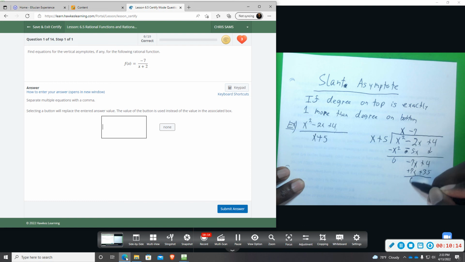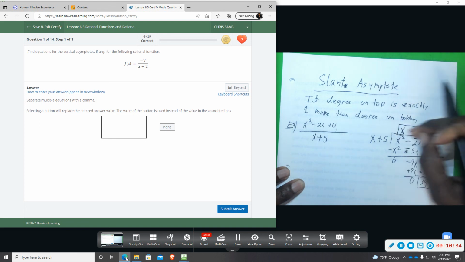This will go to 0. And then this will give us a positive 39. So that's your remainder. Okay, the remainder does not matter. This is what we're focused on right here. X minus 7. So once you finish, you'll have a linear equation.